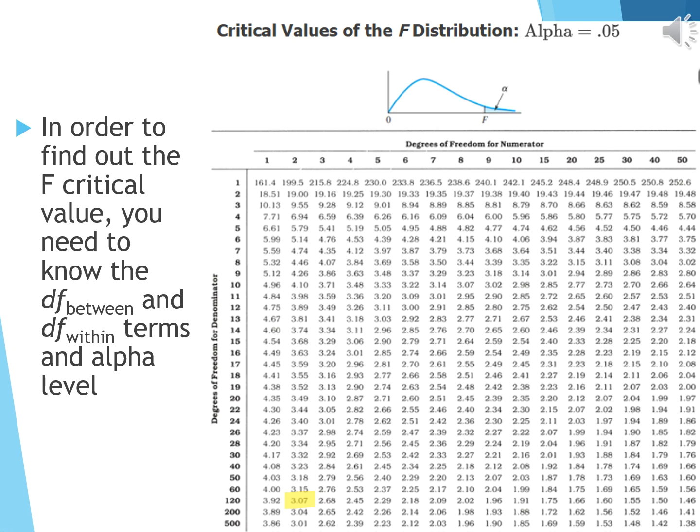And on the kind of y-axis, it's the degrees of freedom for the denominator, which is the degrees of freedom within, right? For our particular sample here, we were looking for a degrees of freedom between of 2 and a degrees of freedom within of 87.